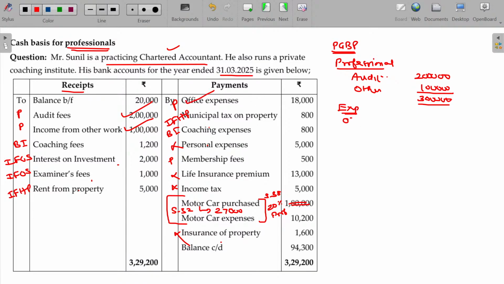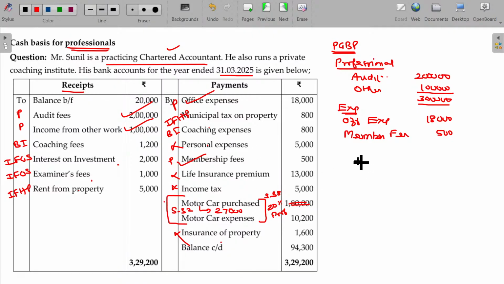Office expenses, 18,000. And membership fee, 500.